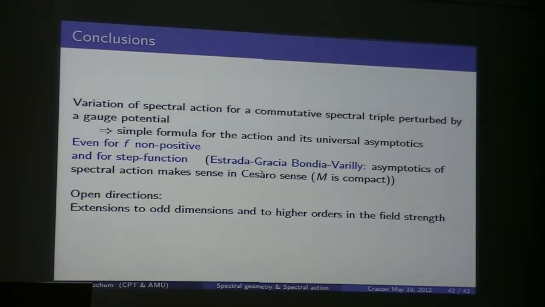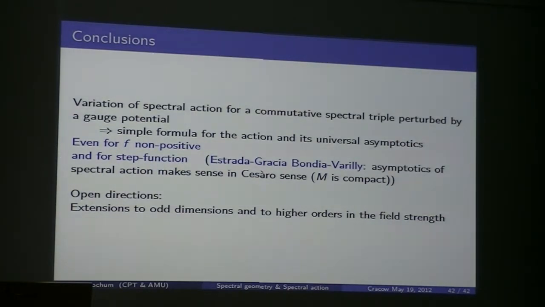what are the conclusions? The conclusion is that the variation of the spectral action for a commutative spectral triple perturbed by a gauge potential is given by a simple formula for this action and its universal asymptotics, but it's true even when f is non-positive and even for a step function.